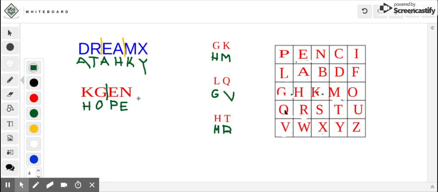So now that we have decrypted that, I'm going to show you a few more examples for if they're in different positions than just in the same row, because that's not a very good example. So we'll come over to G and K, and I'll change my color.